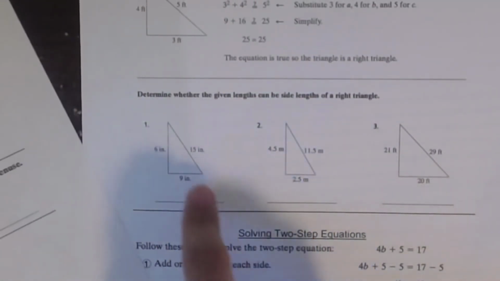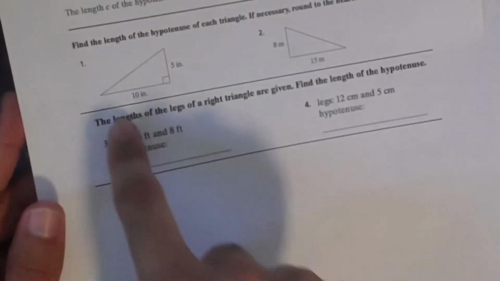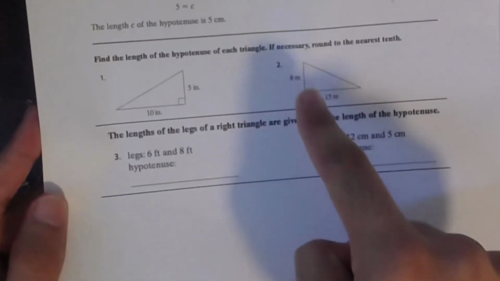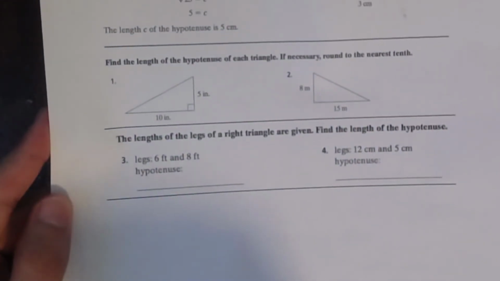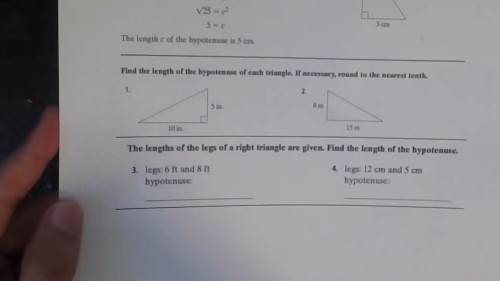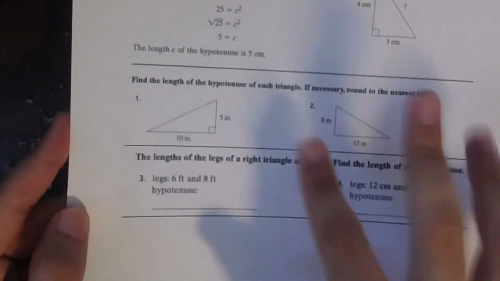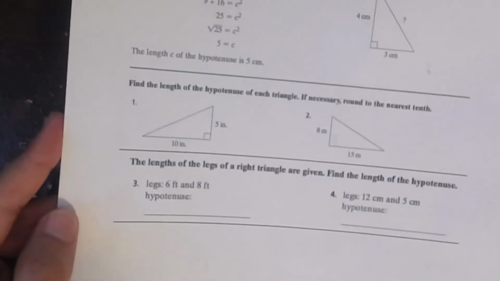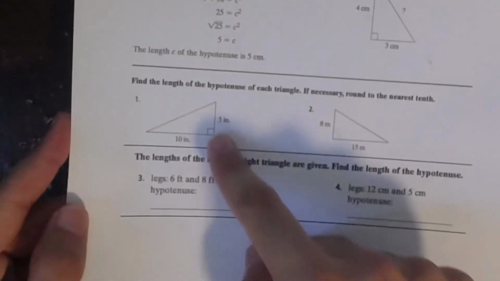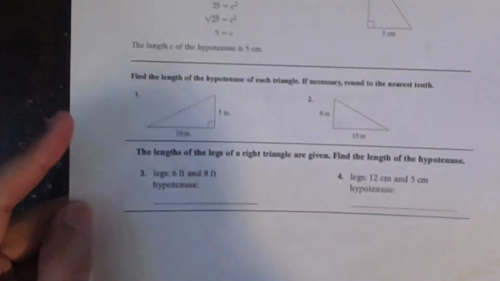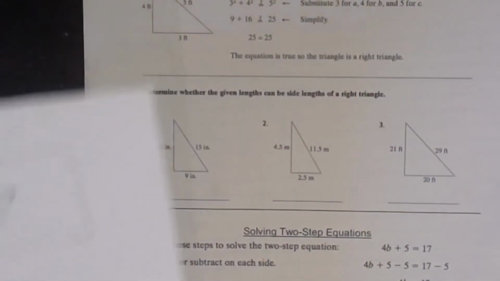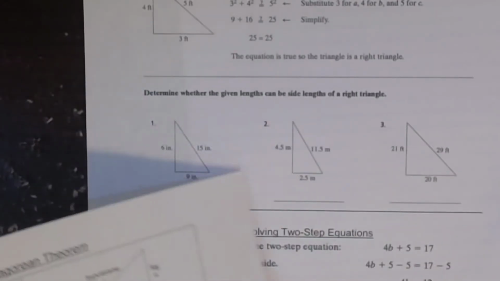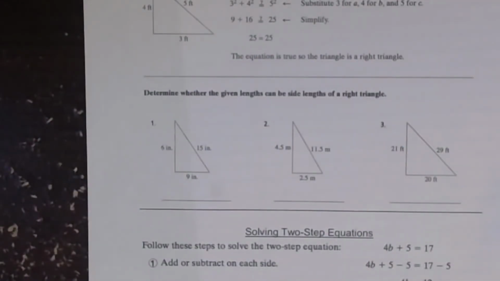So here's an example of what I was saying earlier, that we do not know that this is a right triangle. We assumed at the time, but you're not always allowed to just assume that it is a right triangle. The only way that you know it's a right triangle for sure is if it has that 90-degree angle. And these don't, so we can't assume that these are all right triangles.